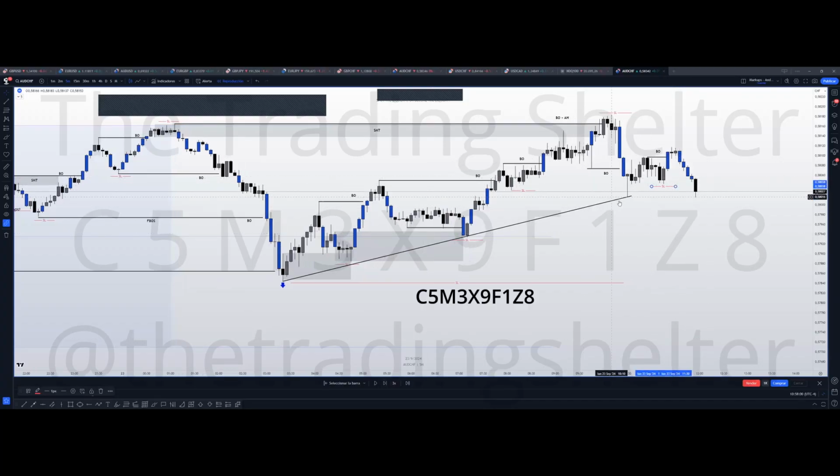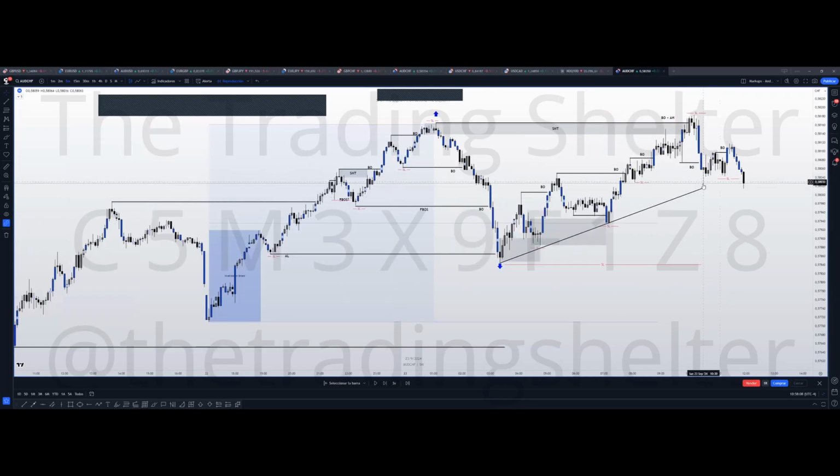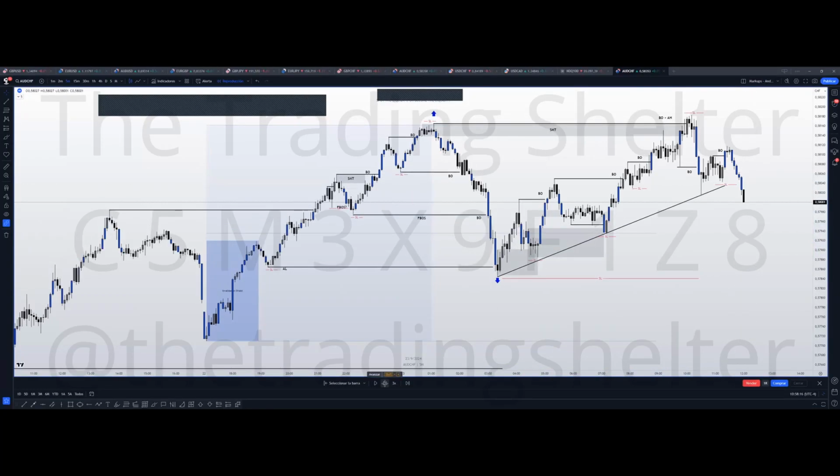Okay, there we are. We could say that these stop losses have been triggered, and also for those that were probably expecting a buy from this trend line.